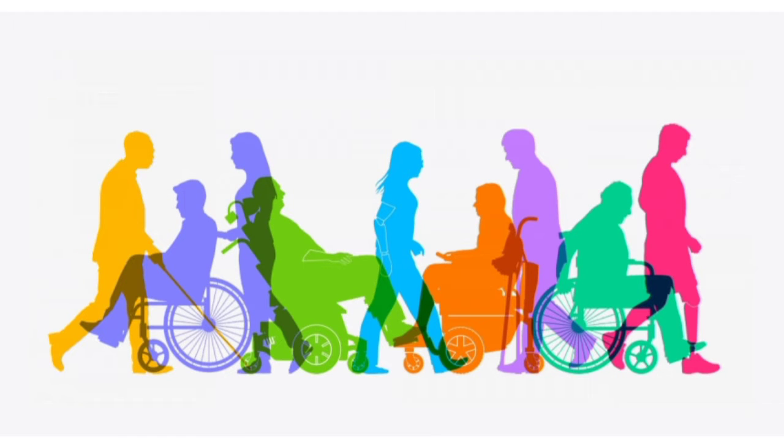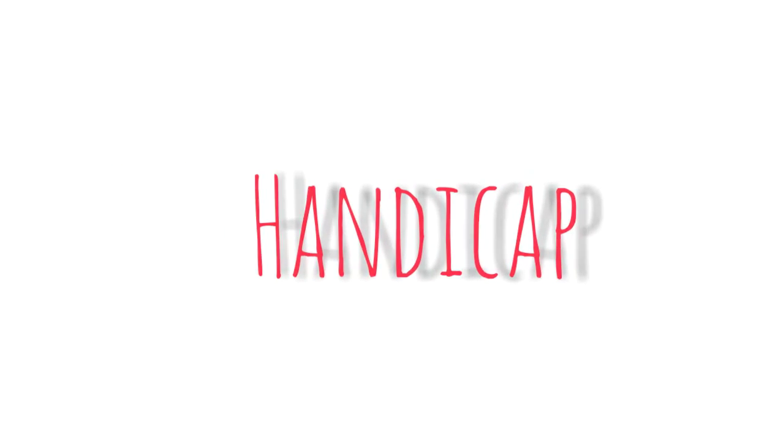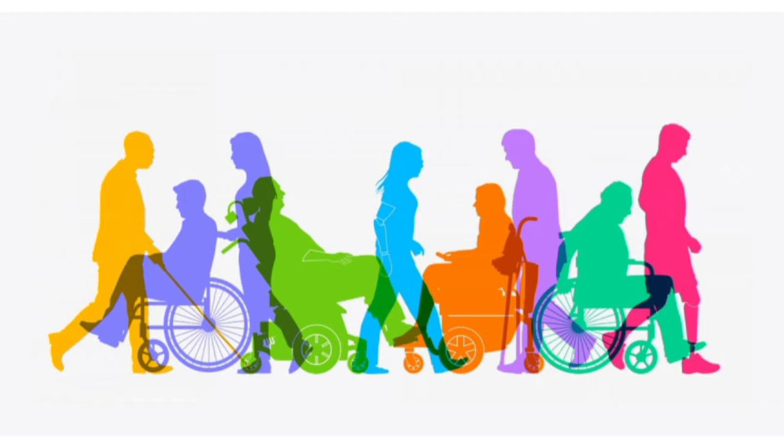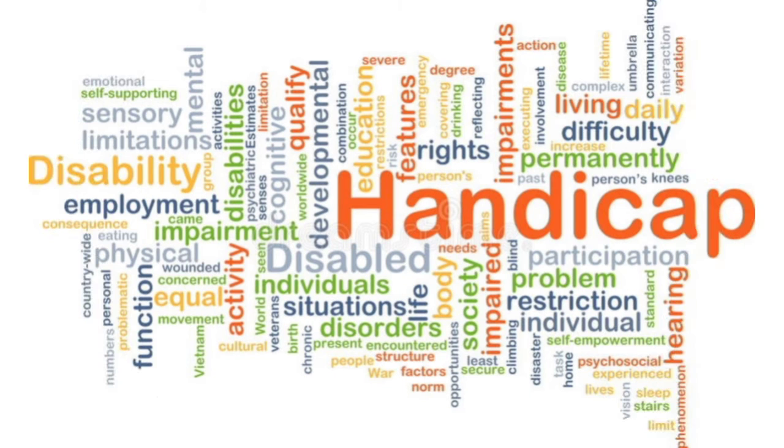The World Health Organization of 1996 also clarifies the term handicap as a problem encountered during interaction with the environment. Also, according to the International Classification of Impairments, Disabilities and Handicaps (ICIDH), handicap is more problematical.